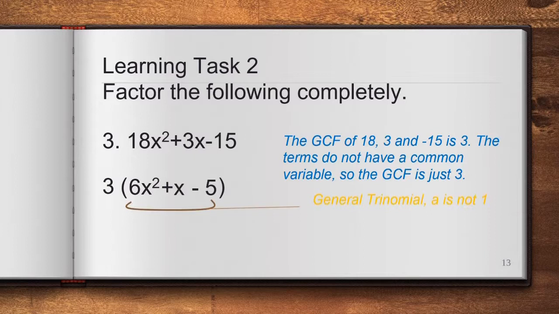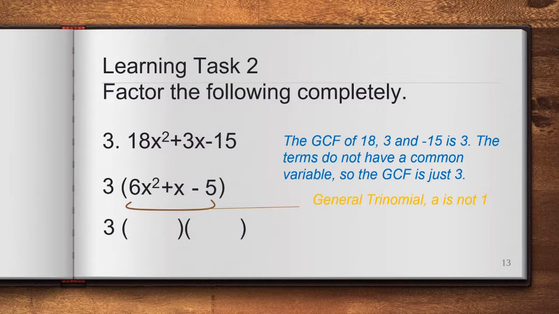Now, meron naman tayong general trinomial where a is not equal to 1. So, ang susundin naman nating pattern ay yung may mga grid. So, isusulat lang natin yung 3 and then that trinomial will be broken down into 2 factors. Ayan. So, pagpapatuloy natin yan sa next page.